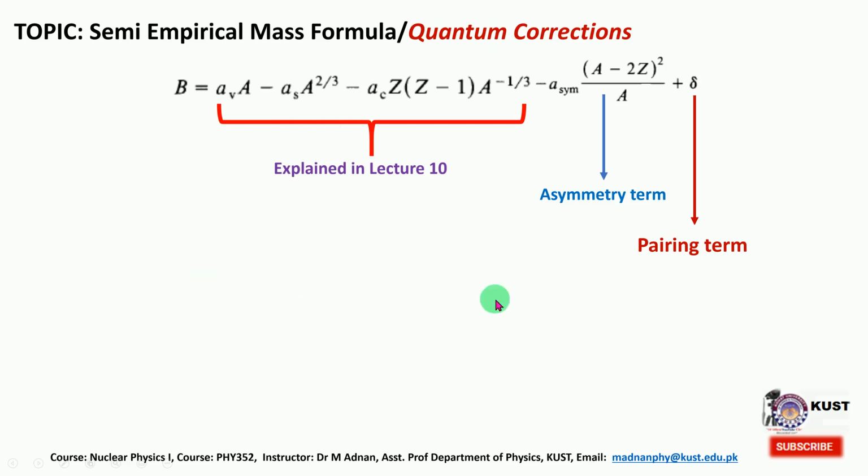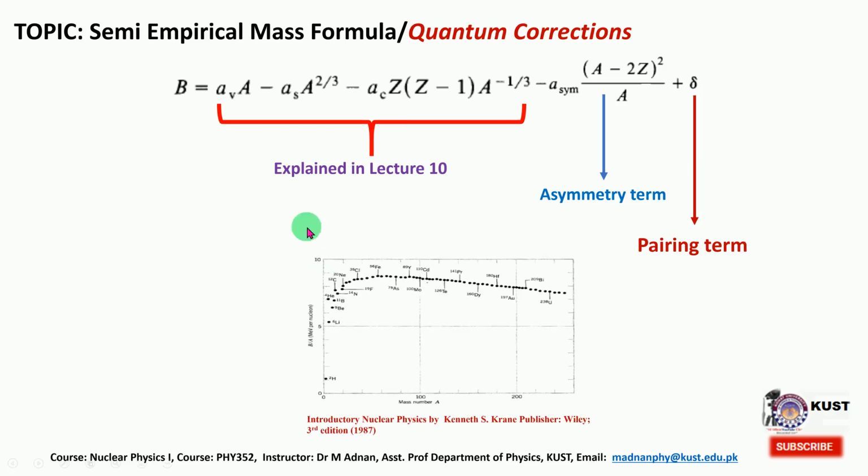So before you proceed, I recommend you first look at lecture number 10, and then you will be able to understand the quantum corrections. So with this binding energy expression, as I told you, one can describe the binding energy per nucleon curve.